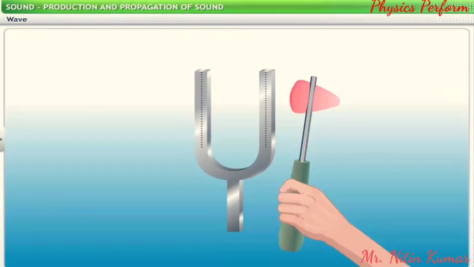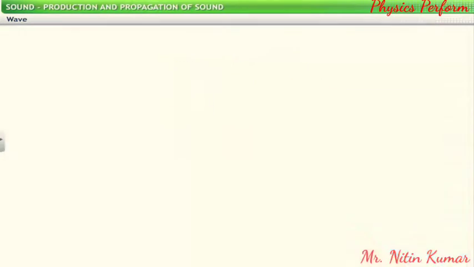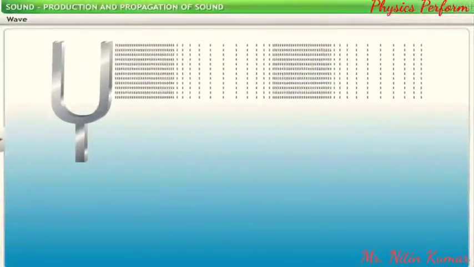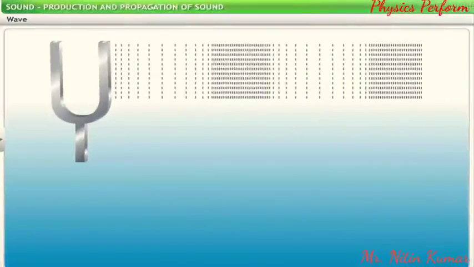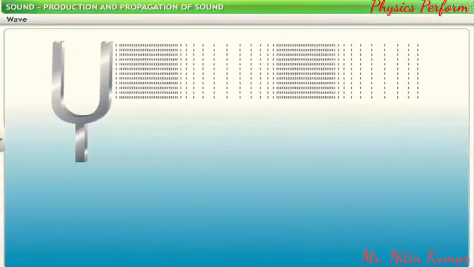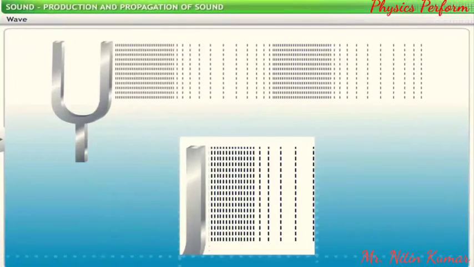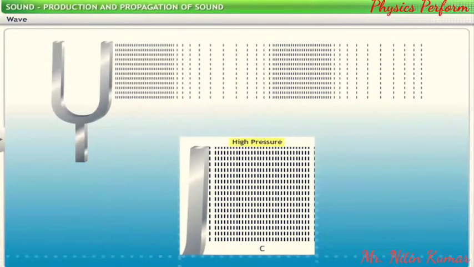This fixed point is also referred to as the mean position. The vibrating prongs of the tuning fork push and compress the particles in front when moving towards the outer direction, creating a region of high pressure. In this region of high pressure, the density of air is higher than the normal.